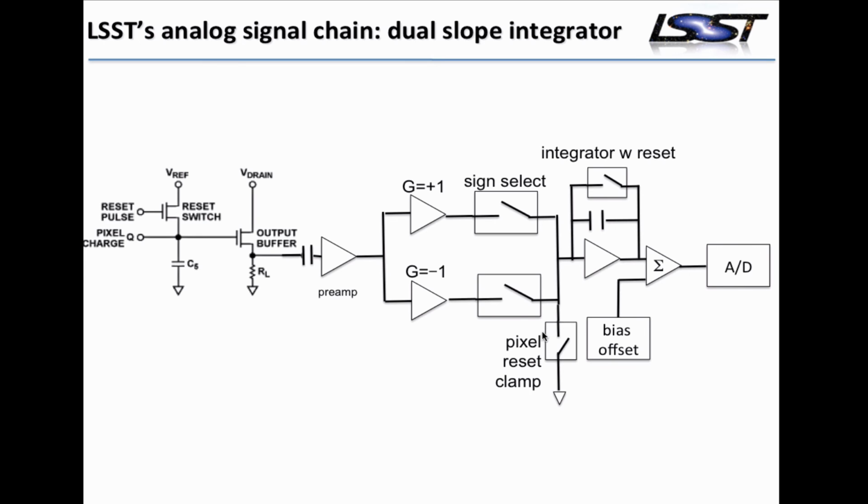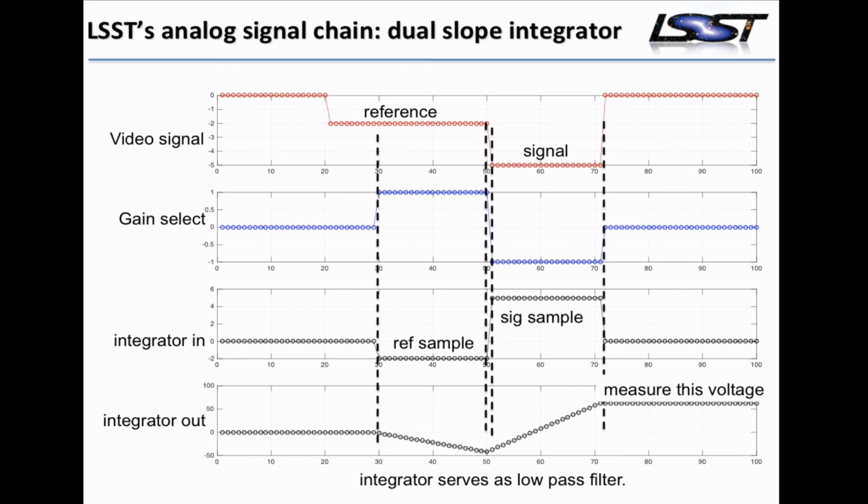There's one other sort of nuanced detail in here, and that is you don't want any memory from one pixel to the other, so there's an opportunity to just reset the voltage to 0 in the signal chain, if you so choose. So here's just an illustration of how that works. The top level is the video signal, where we start with a reference level, you throw the charge on there, you generate the signal level, and then you're on to the next pixel.